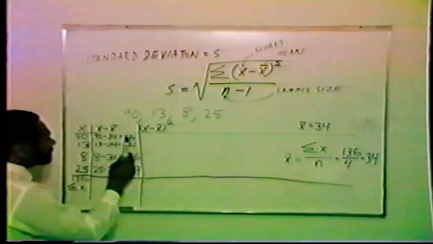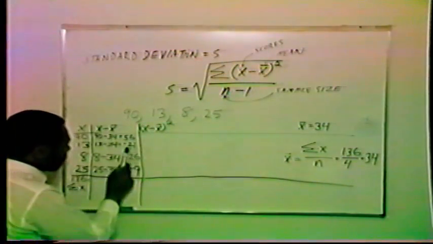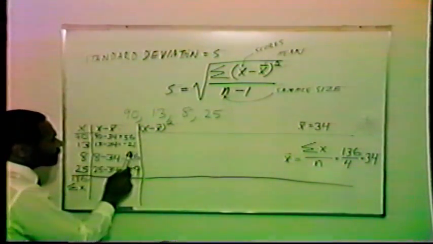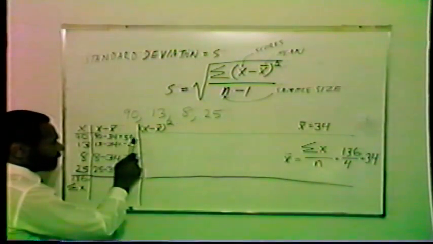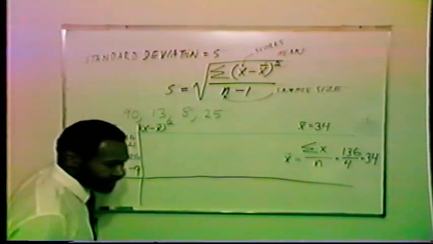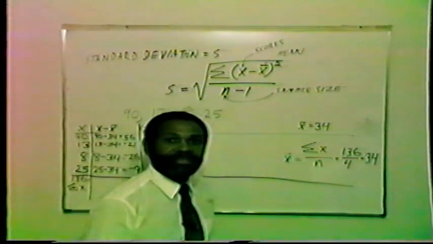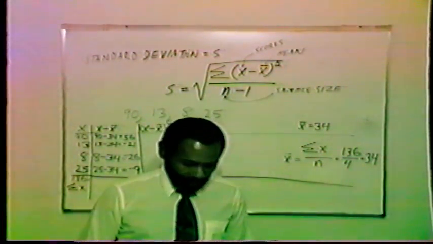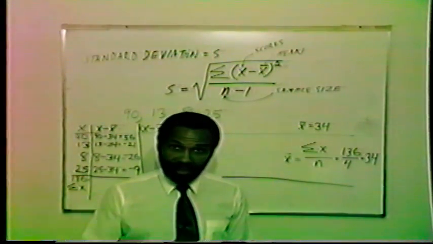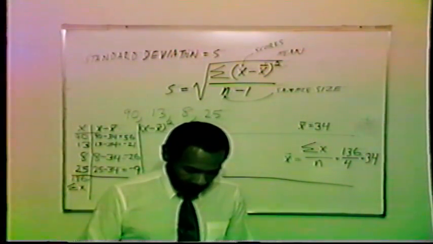Now, that means I'm going to take each one of these subtraction problems and square the result. The first result was 56. When I square 56, I multiply 56 times 56. If you have an x squared button on your calculator, then you can use that button.